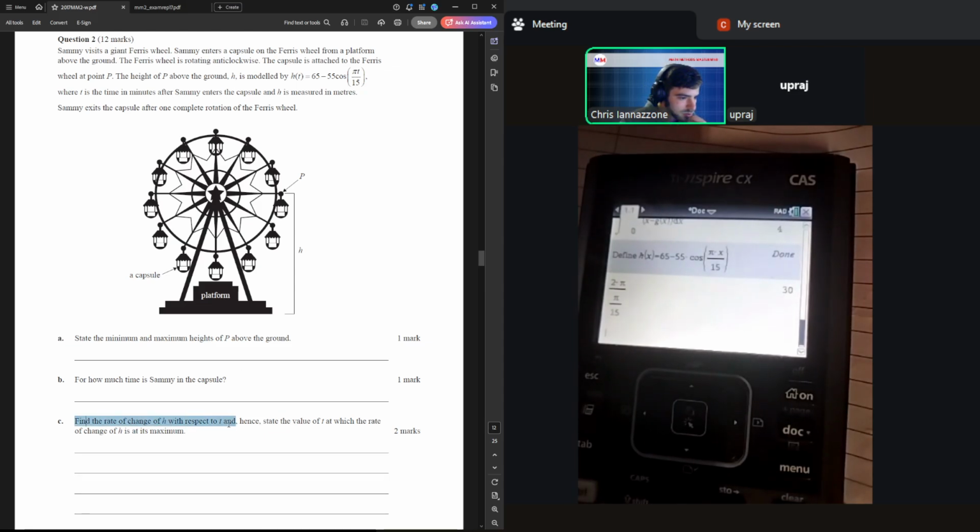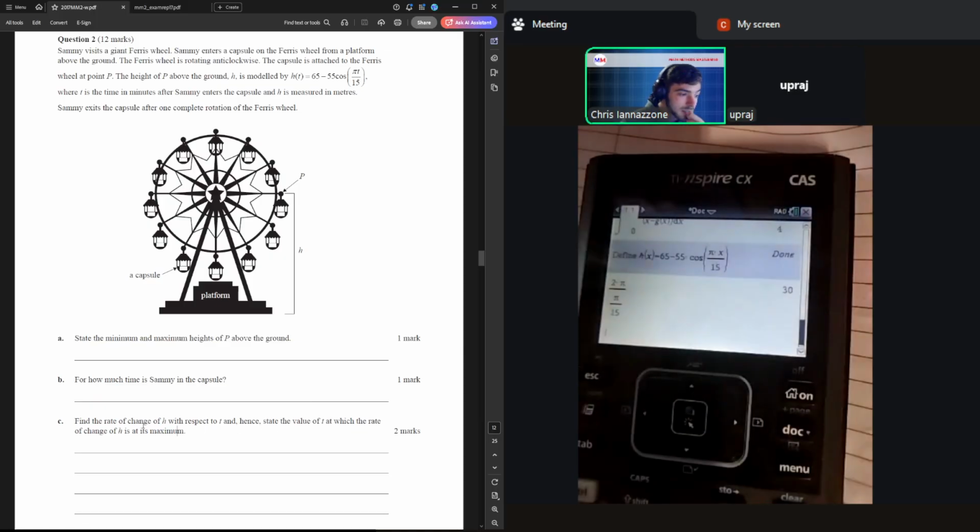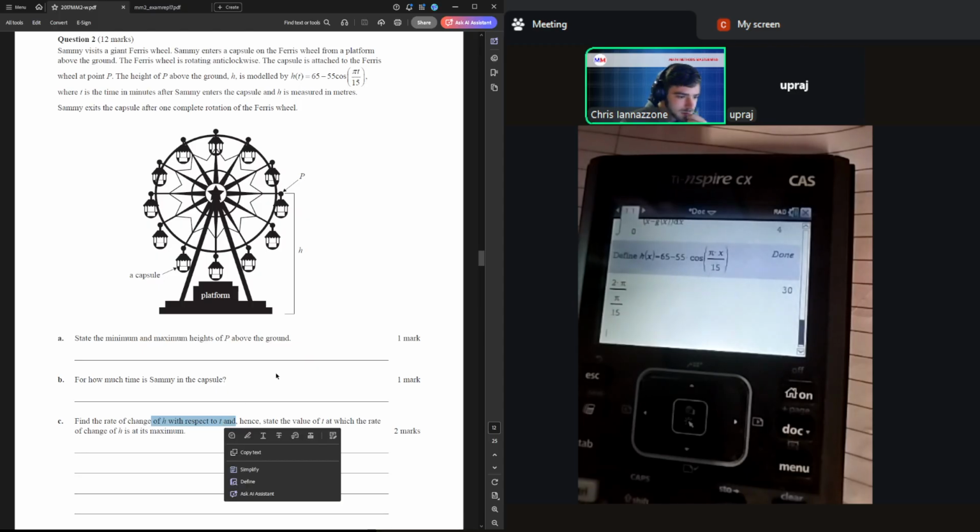Find the rate of change of h with respect to t, and hence state the value of t for which the rate of change is a maximum. That's fun. Rate of change as in diff? Yeah, h with respect to t pretty much guarantees you're doing the diff of h with respect to t.